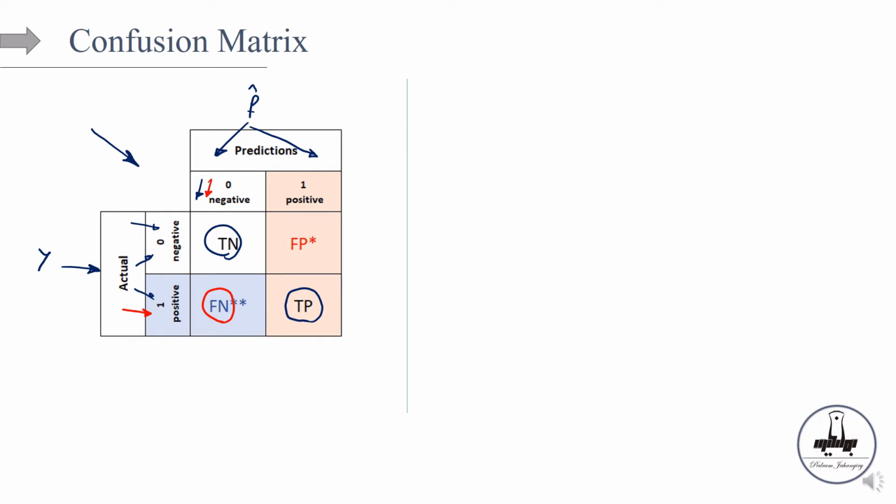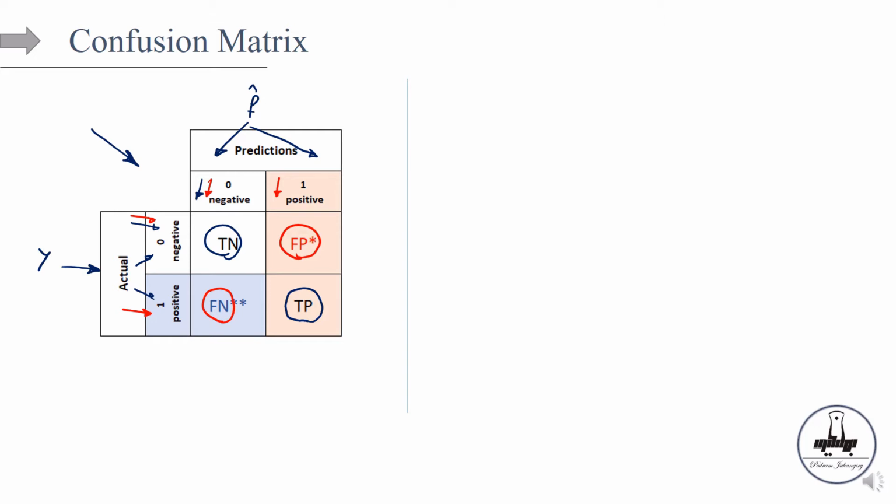And lastly, if in reality the observation is 0 and the model is falsely predicting 1, then this is what we call false positive. So as you can guess, false positive and false negative are bad numbers. We want to minimize them as much as possible. And true negative and true positive are good numbers, and we hope that the model we're using is giving us large numbers for these two, right?